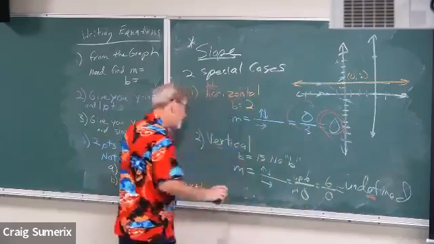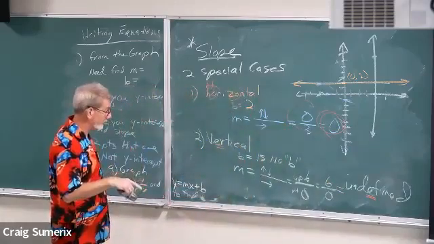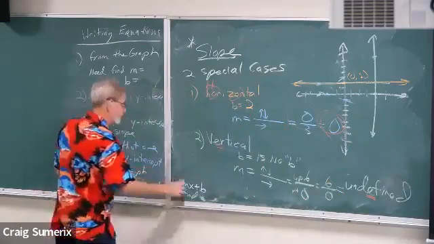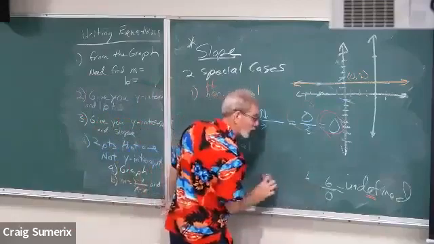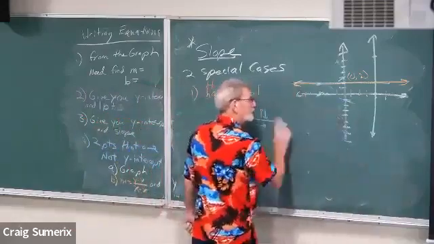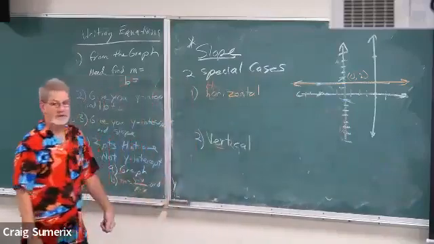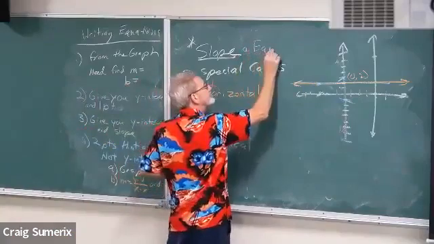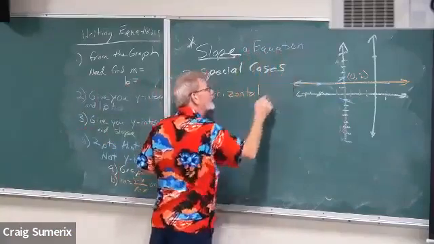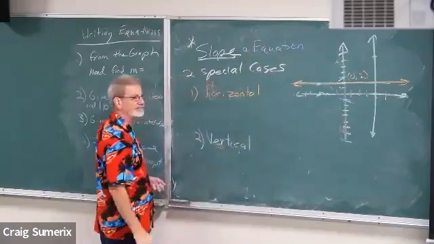Now, before you put everything away, you're going to need to see this too, because this is also on your own. What are the equations for each of these? There's 2 parts to the special case. How do you write the equation in y equals mx plus b for that?